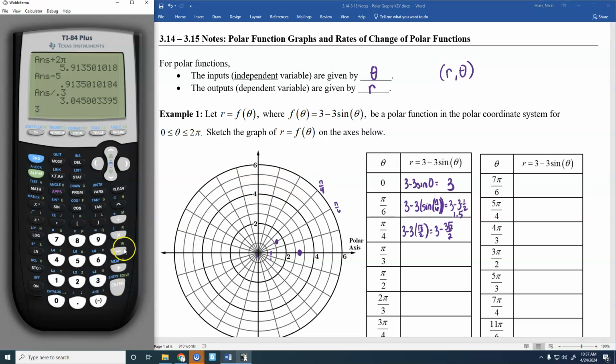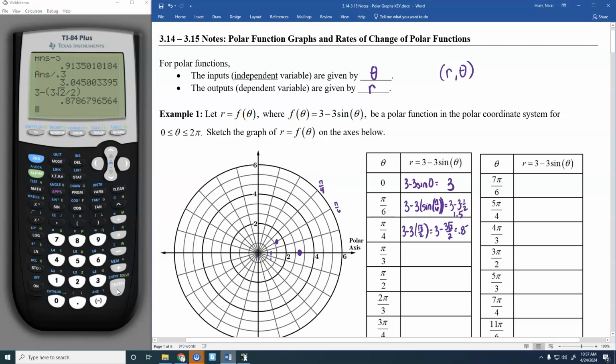If I do 3 minus 3 square root of 2, divided by 2, I'm going to get 0.878. That's going to be like here.